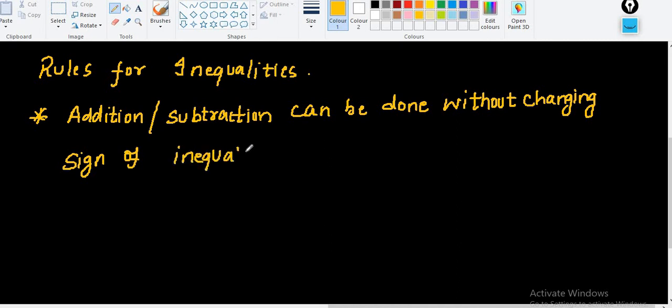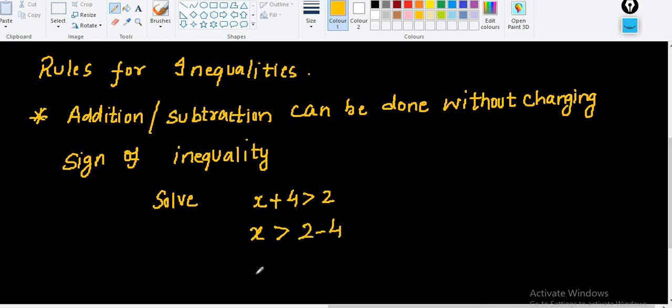It means if I have been given x plus 4 is greater than 2, solve it. Then you will bring this 4 towards the right hand side and the sign of inequality remains same. So x is greater than -2.